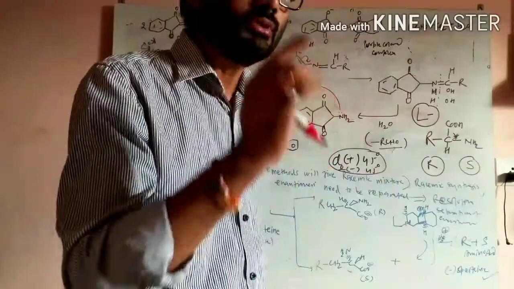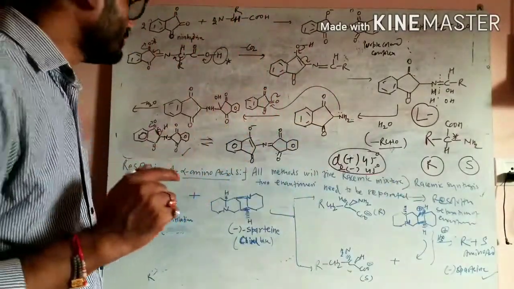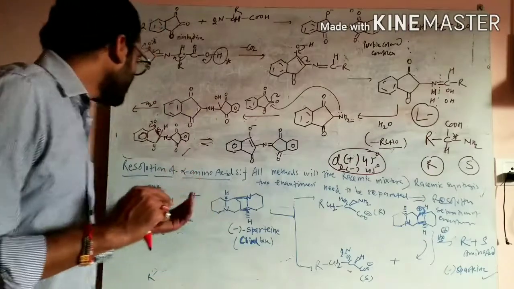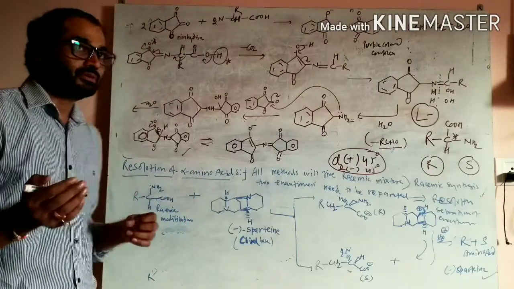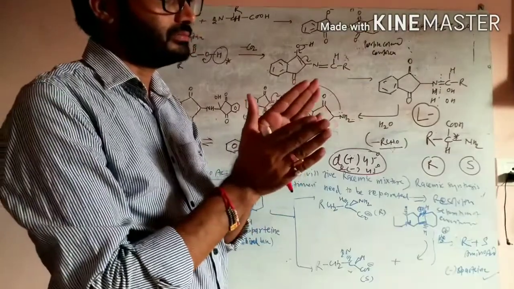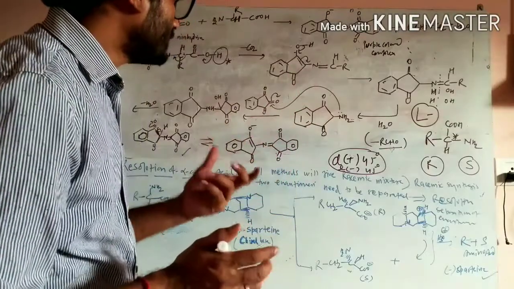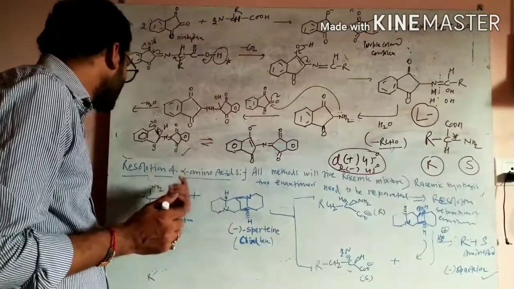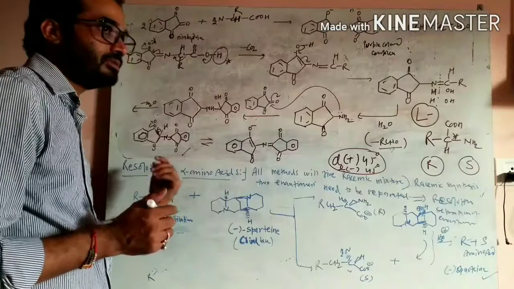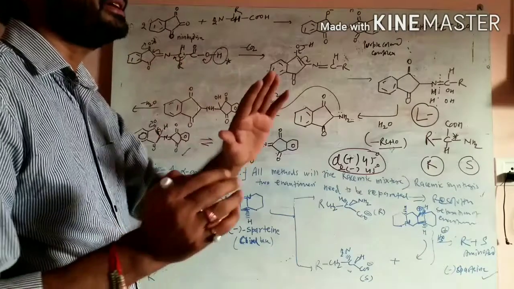So we will use this chemical property of the enantiomers here. Before separating the racemic mixture, we have to look for an easily reacting functional group on the molecule, which after reaction can easily be recovered.